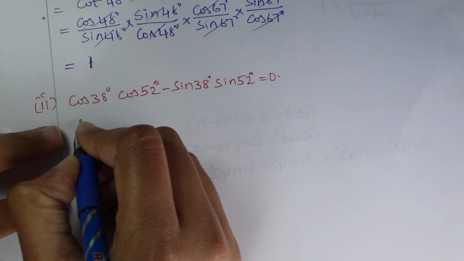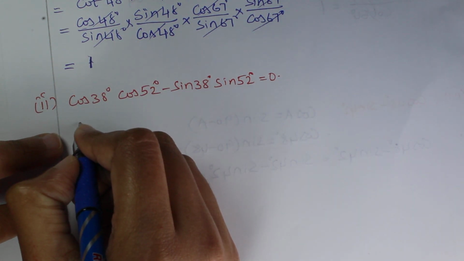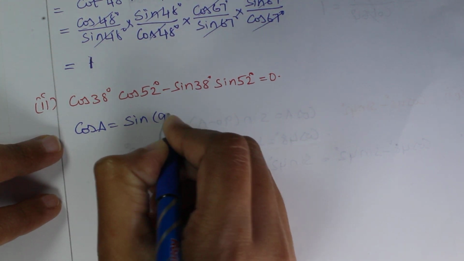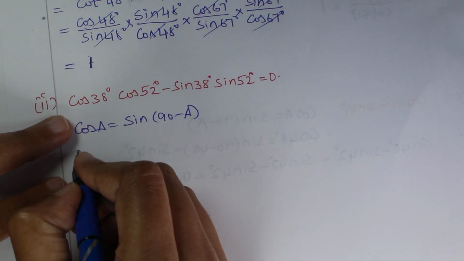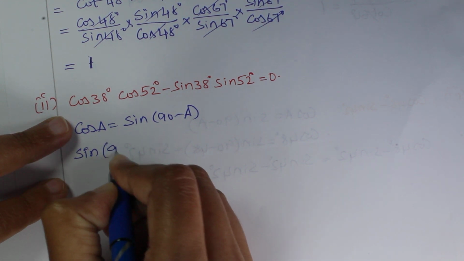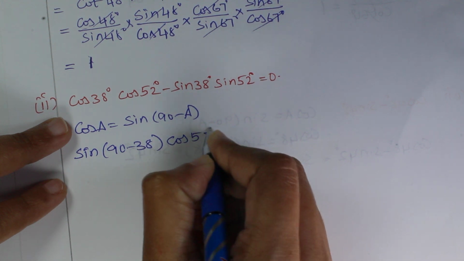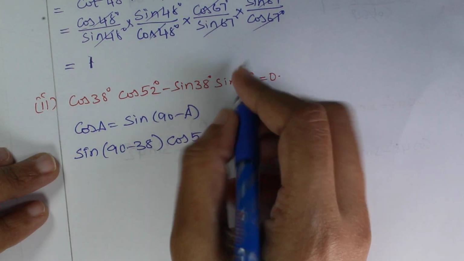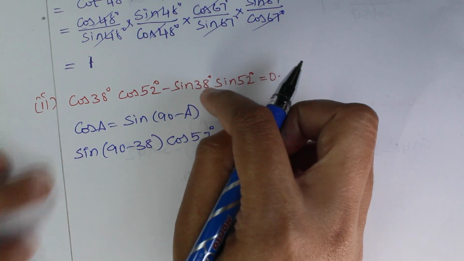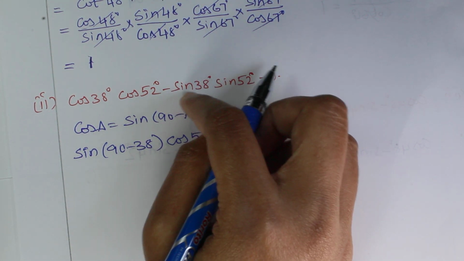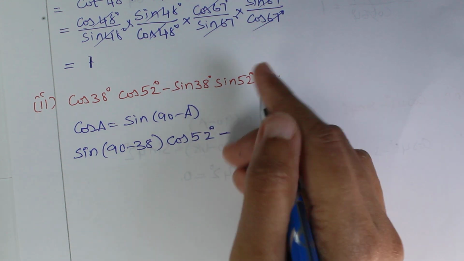So what is cos 38? Cos A is sin of 90 minus A. So cos 38 becomes sin of 90 minus 38 into cos of 52 minus, here we'll take one of the sine terms and convert it into cos. So sin 38 becomes cos of 90 minus 38.